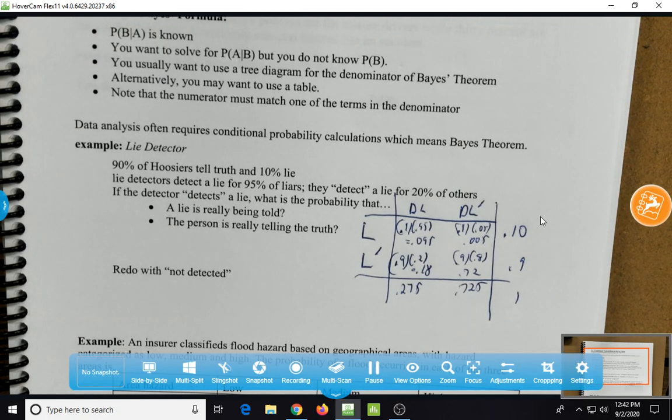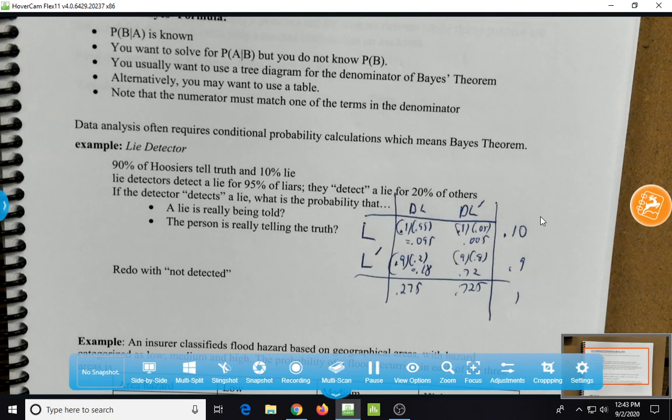So remember, given that you're a liar, it's going to detect you 95% of the time, so 0.95 times the probability you're a liar, 0.1, is 0.095. And it doesn't detect you 5% of the time. So it messes up 5% of the time, so it gives 0.05.